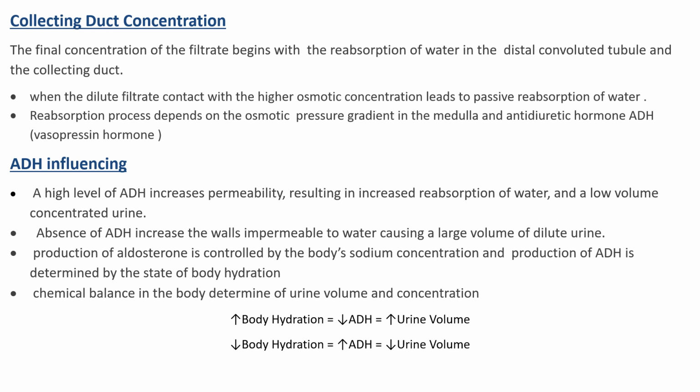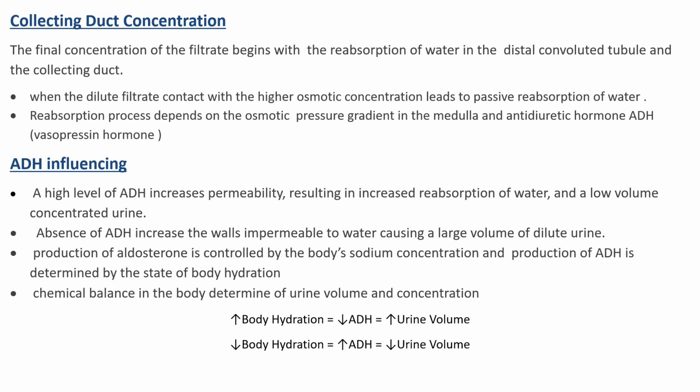This process depends on the osmotic pressure gradient in the medulla and on antidiuretic hormone, vasopressin, ADH. A high level of ADH increases permeability, resulting in increased reabsorption of water and a low volume of concentrated urine. Absence of ADH makes the wall impermeable to water, causing a large volume of diluted urine.